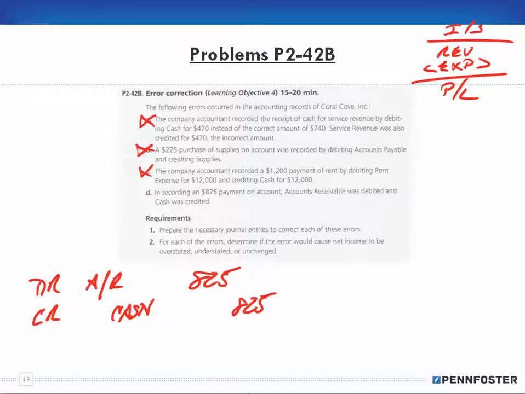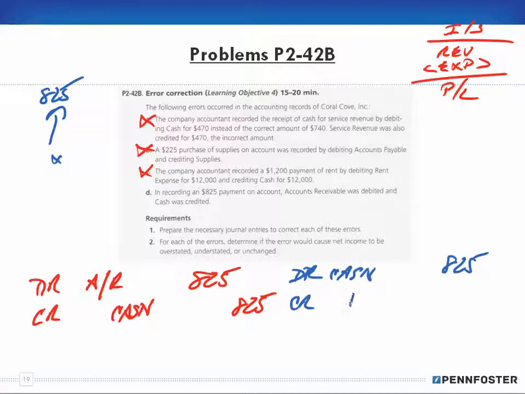When making a journal entry, the first thing to ask yourself is, am I affecting cash? And the answer is yes. I'm receiving 825. Cash is an asset. We increase our assets on the debit side, so I have a debit to cash for 825, and I have to credit something else.